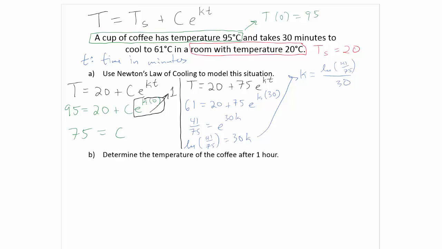We calculate this. I'm going to take it out to 6 decimal places. And so then I find that k is approximately negative 0.020131.